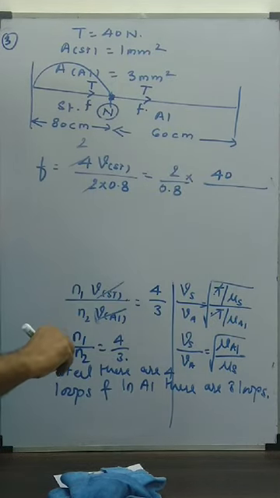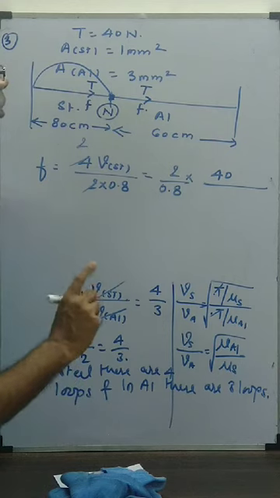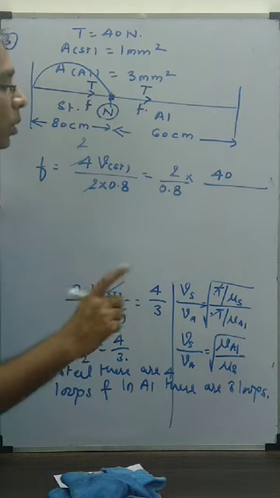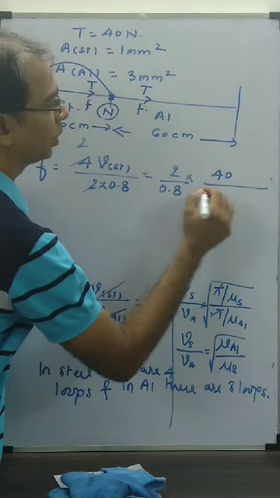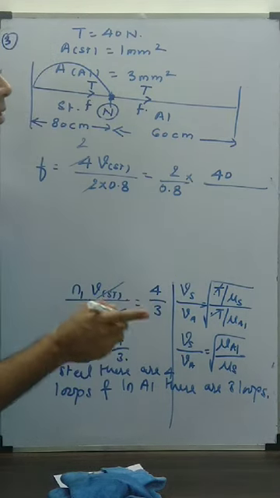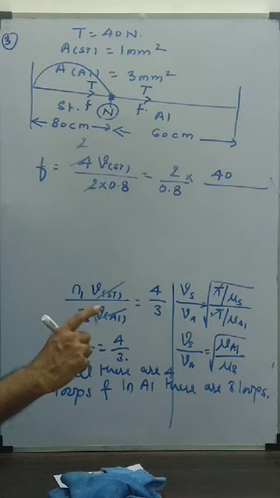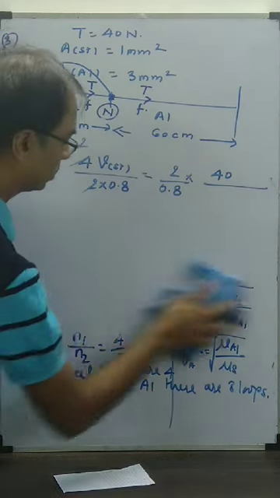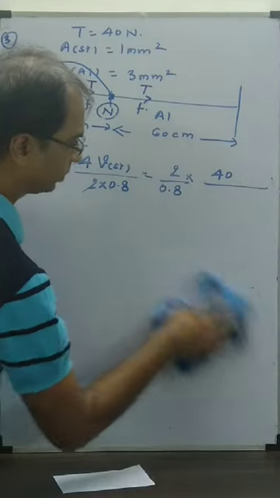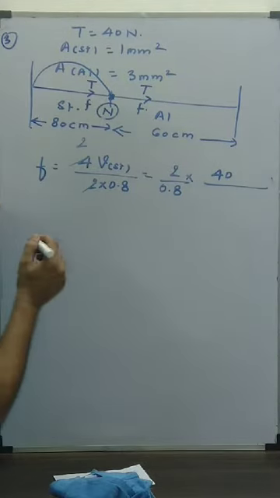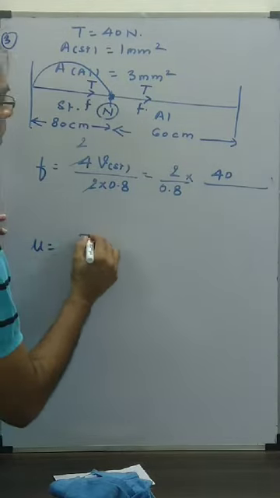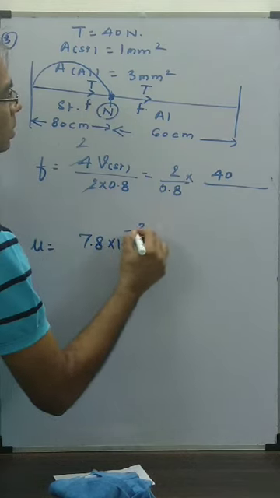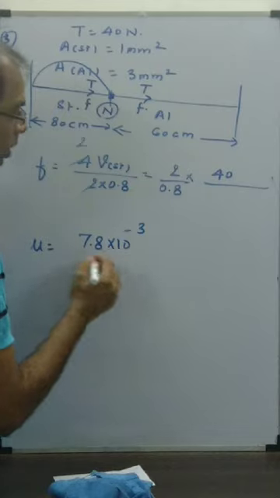Now what is mu? If you remember, we calculated 7.8, but 7.8 what? We multiplied rho with area. Rho was 7.8 gram per cc and area was 1 mm square. So let's find it first. Mu is 7.8 gram per cc, now 7.8 kg per cc.